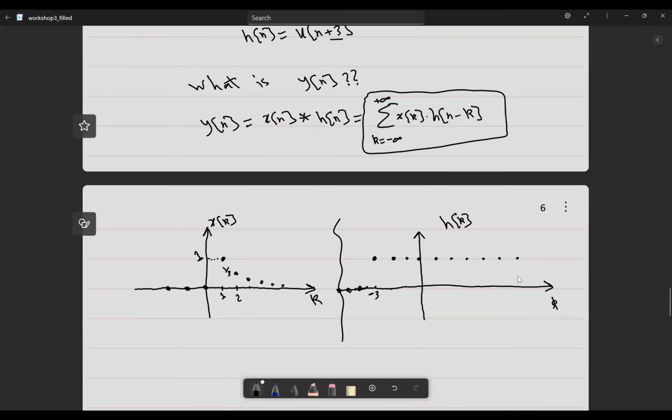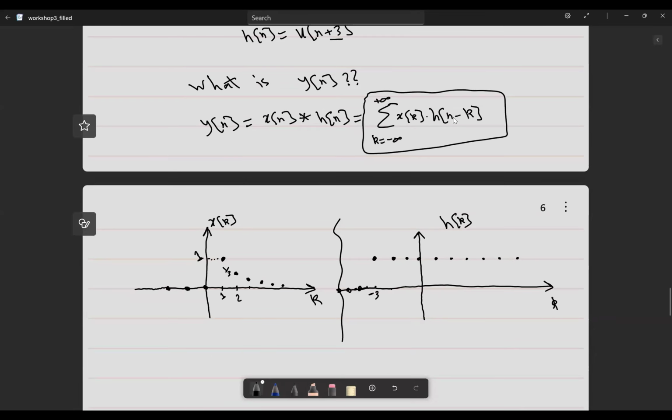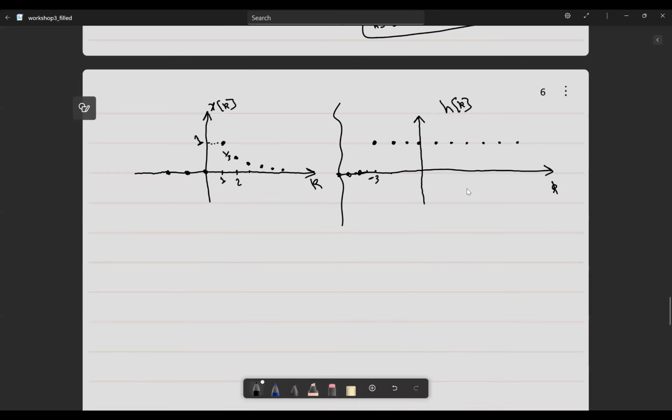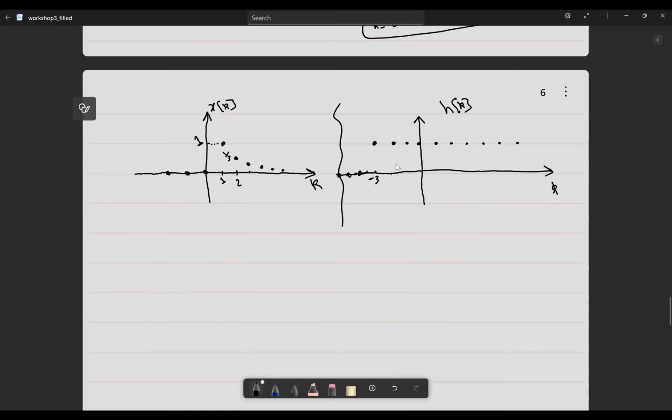But let's first do it without plotting every step, and then we can do it graphically. If we multiply those two signals together, we have x[k] and h[n-k]. Let's plot h[n-k] to see what the limits of the summation are.